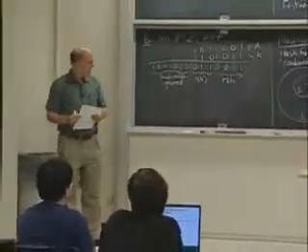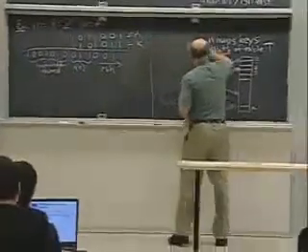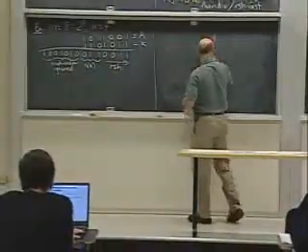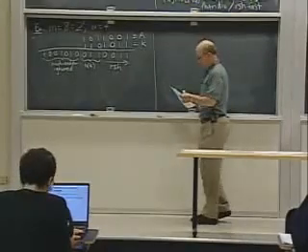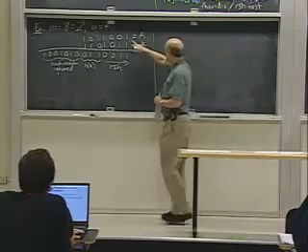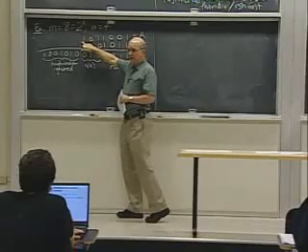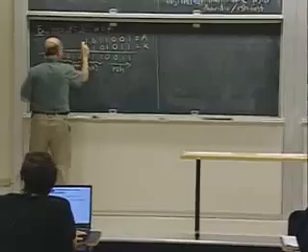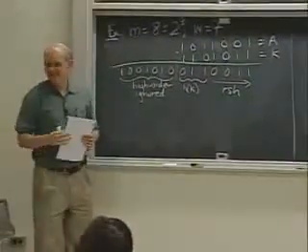Okay, so to understand what's going on here, why this is a pretty good method, one way to think about it is to think of a as being a binary fraction. So imagine that the binary point, the radix point, is here.